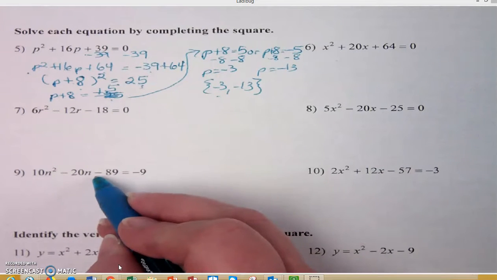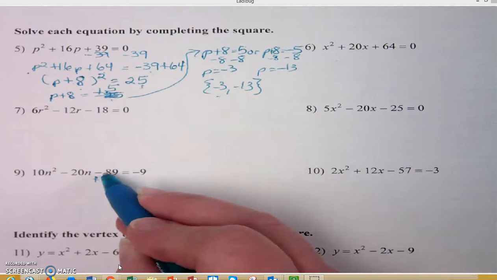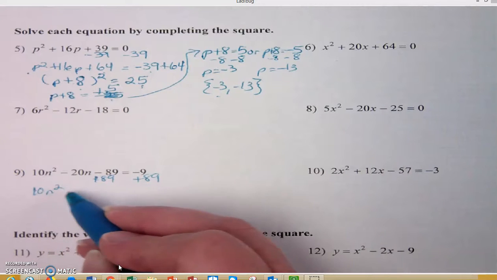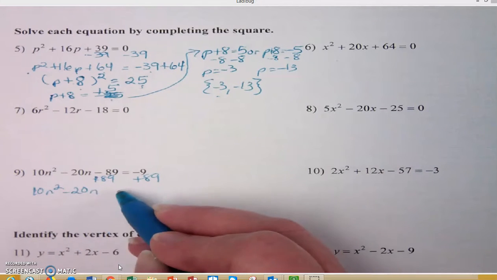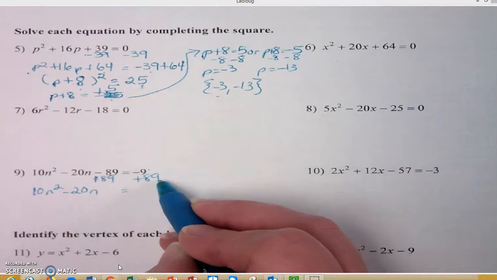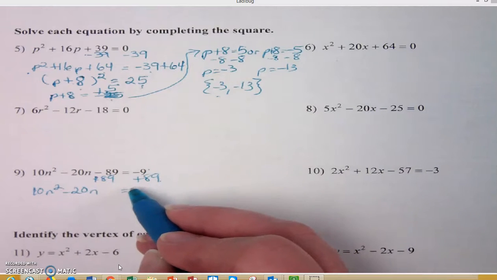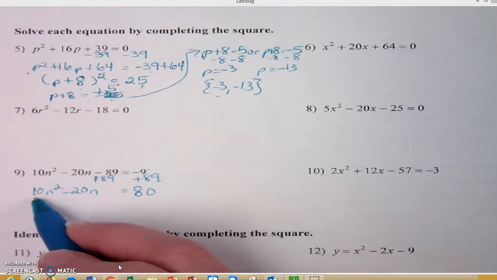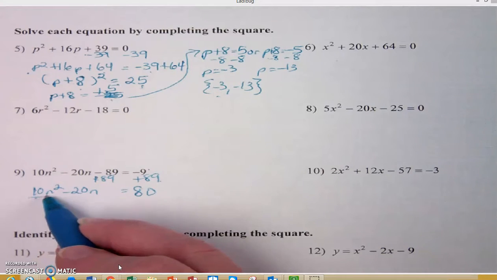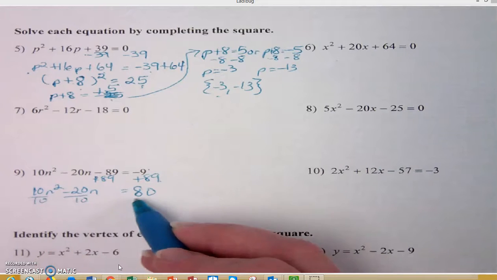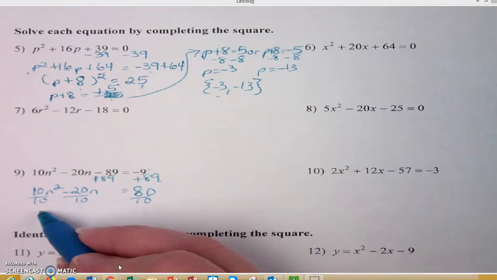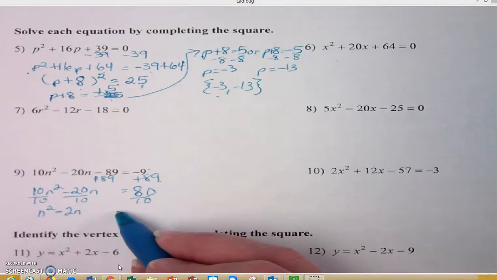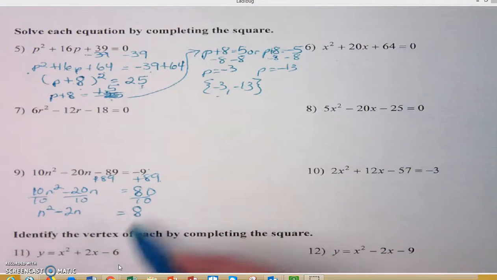Let's go ahead and move my 89, my c, over to the right. And I get 10n squared minus 20n equals negative 9, and a positive 89 is going to give me a positive 80. My a is 10, so I need to divide each term by 10. n squared minus 2n is going to equal 8.